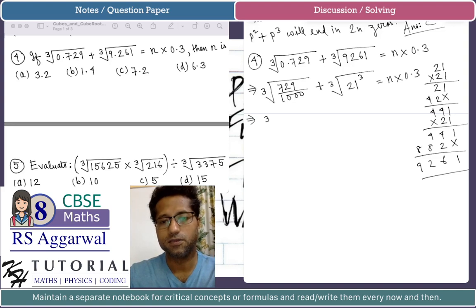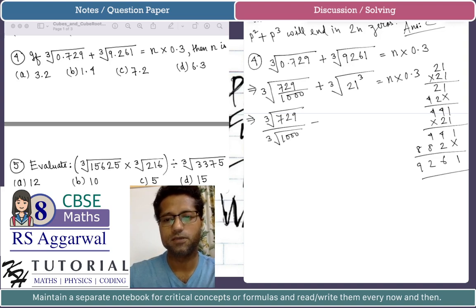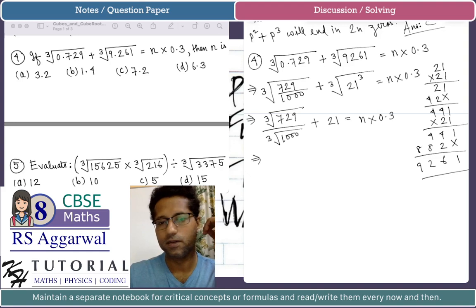So we can say this is cube root of 729 divided by cube root of 1000, plus cube root of 21 cube, which is obviously 21. This is equal to n into 0.3. Now the cube root of 729 is 9, cube root of 1000 is 10.